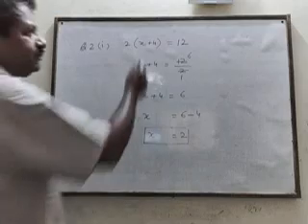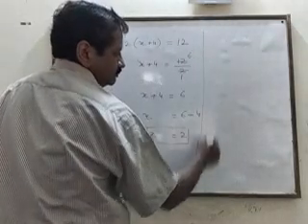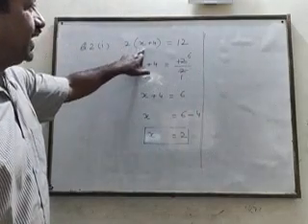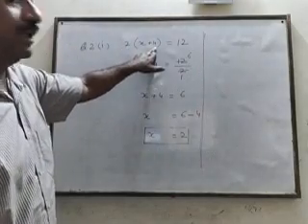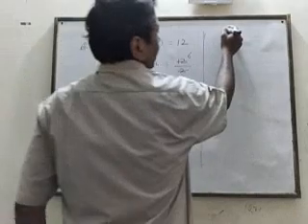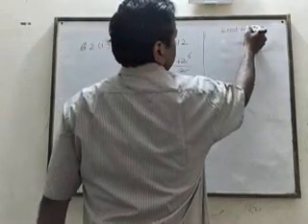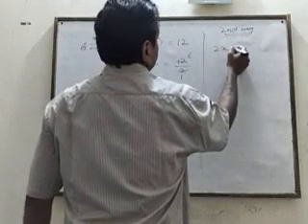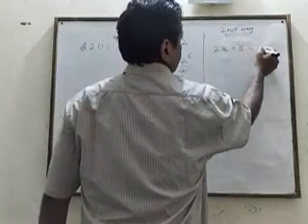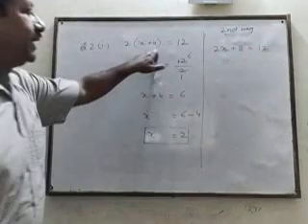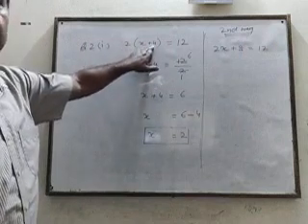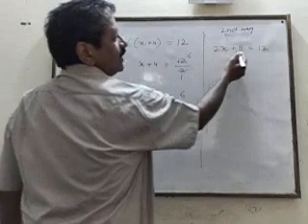We can do the same question this way also. You can multiply this 2 with x, then multiply it by 4. The second way of doing the same question: you open the bracket, this 2 will be multiplied with x, this 2 will be multiplied by 4. So it will become 2x plus 8 equal to 12.